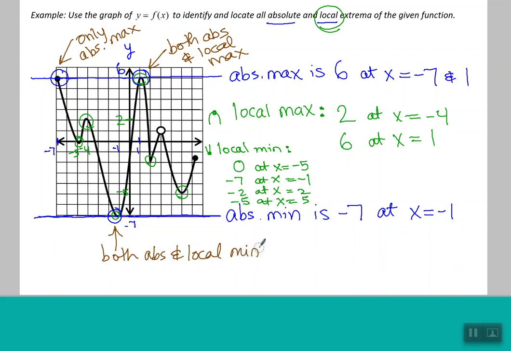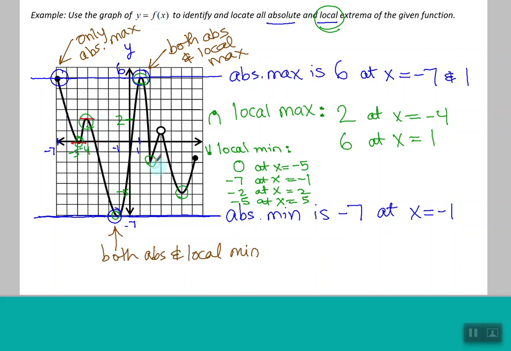Now, let's talk about what we see at local maximum and minimum values. All of these little hills are either nice, smooth, curvy hills or a sharp point like this one. So how would we describe the derivative or the slope of the tangent line at each of these local maxes or mins? Now, when it's a nice, smooth curve, that slope is 0.